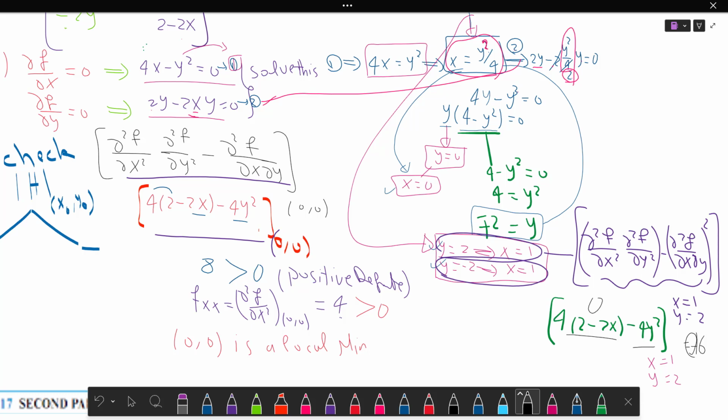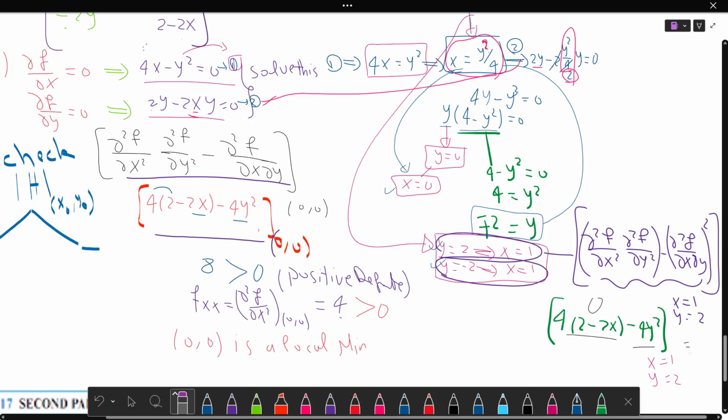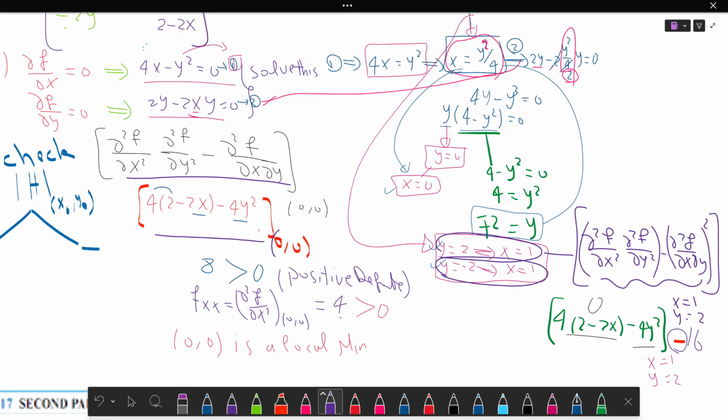Because it is negative, it is a saddle point. So 1 and 2 is a saddle point. Easy?